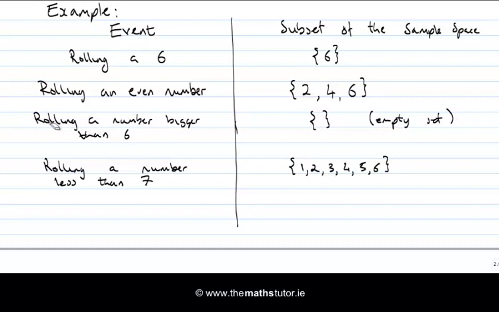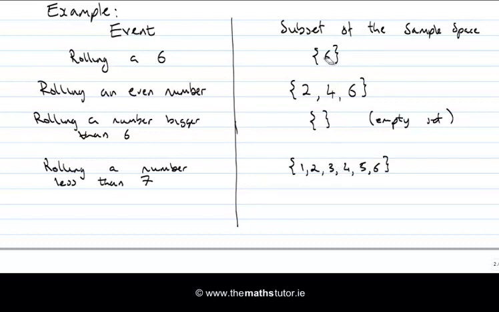In the previous example, where we had rolling a number bigger than 6, the event was the empty set. So you see, for these informal descriptions of events, we can write down corresponding subsets of the sample space. That's why we say that an event is a subset of the sample space.